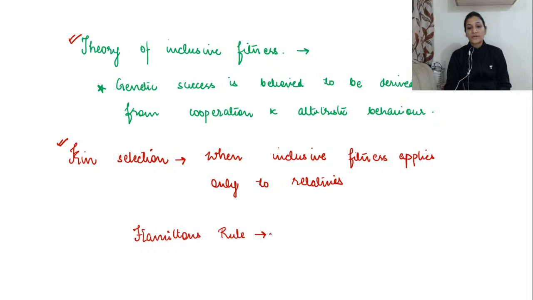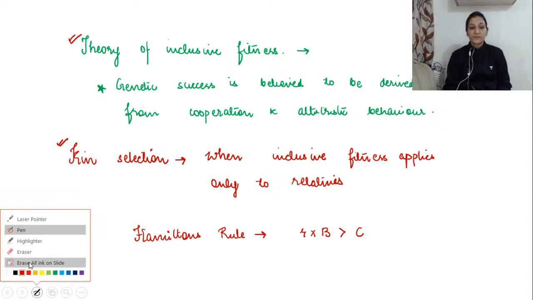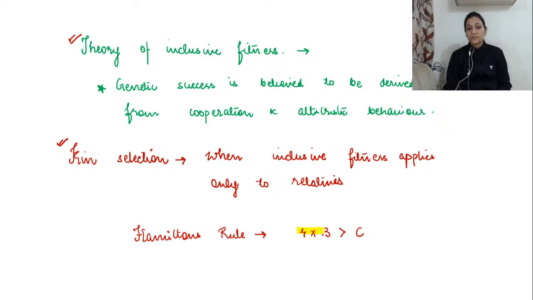Hamilton's rule. What does it say? It says R, that is the coefficient of relatedness, times B, that is the benefit, should be greater than the cost. This we have seen previously also. So how much they are related, then the amount of benefit they are getting, the benefit and relatedness should be greater than the cost, in the number of offspring equivalents, right?